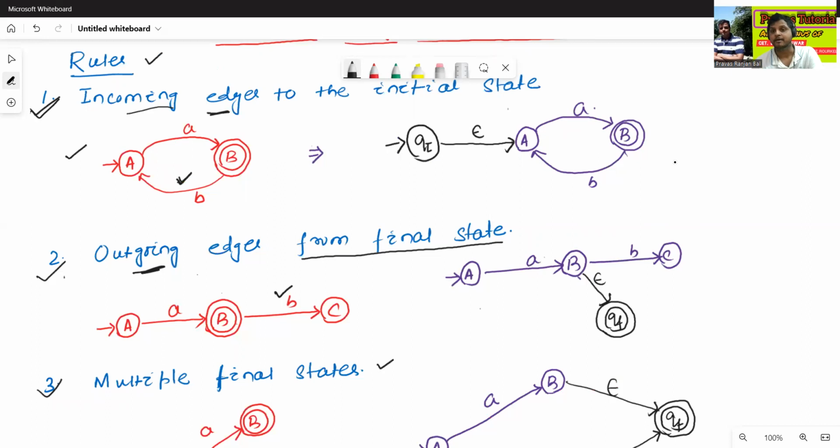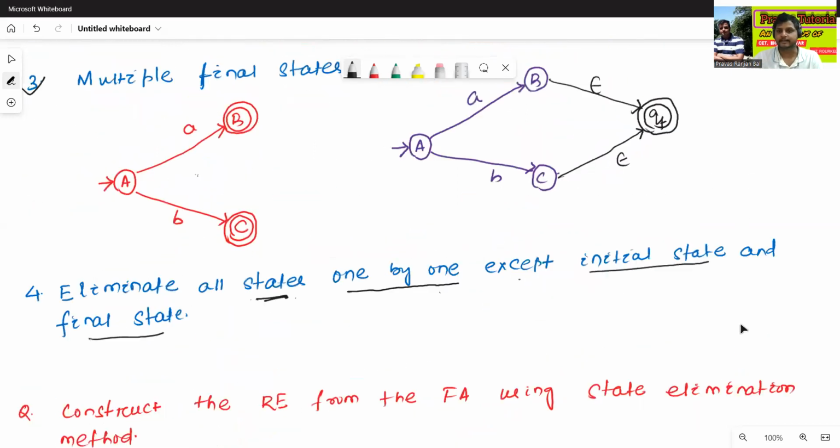In this order we have to follow. This is very, very important. We have to follow all rules in sequence order, otherwise you will make mistakes. So now we'll see an example.